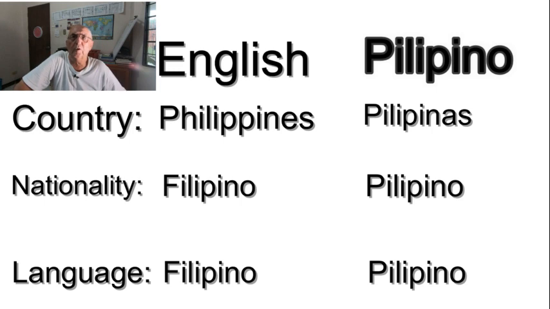Now, I know you've heard the word Tagalog, but that is a topic in itself, comparing Tagalog with Filipino. The national language is called Filipino, even though most every day on the street they say Tagalog when they're talking about Filipino. But technically it's Filipino.